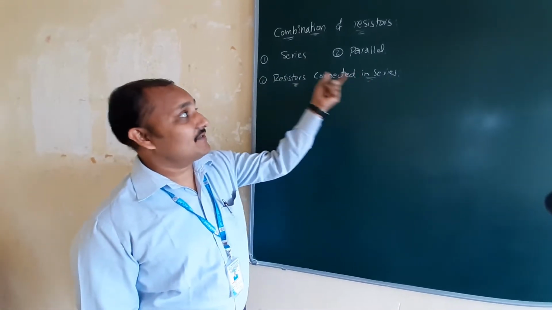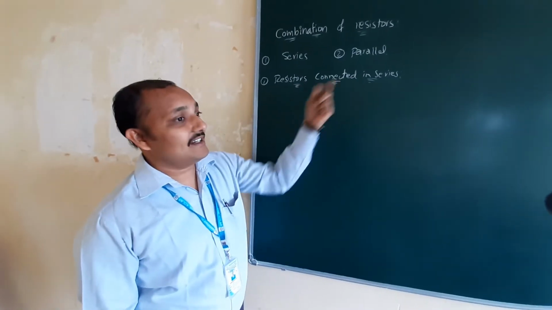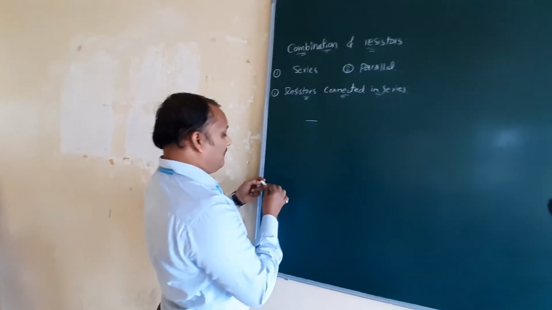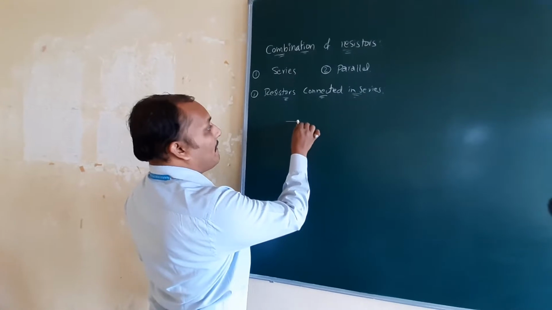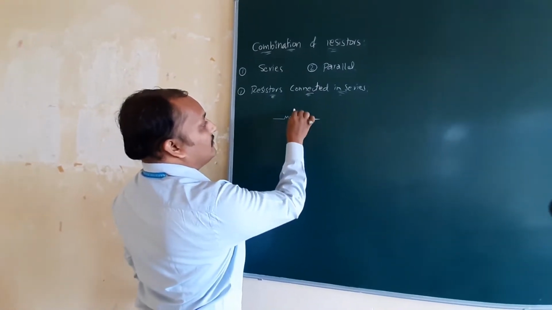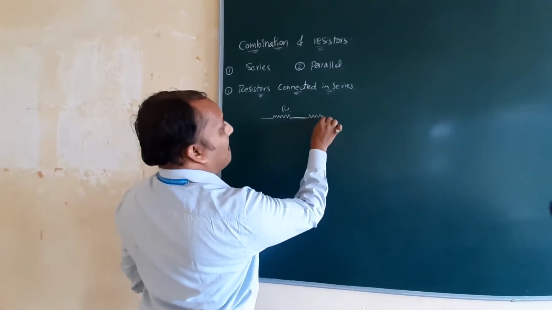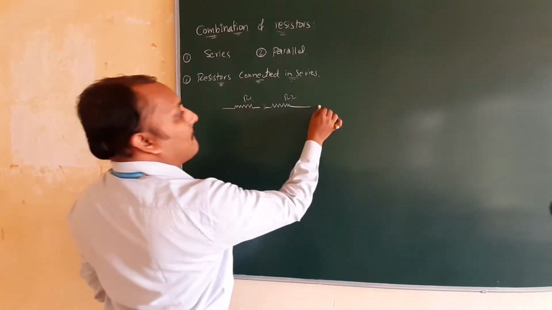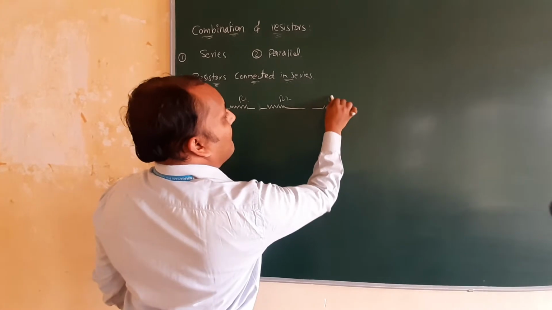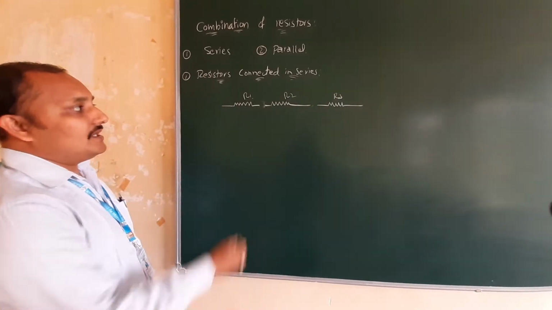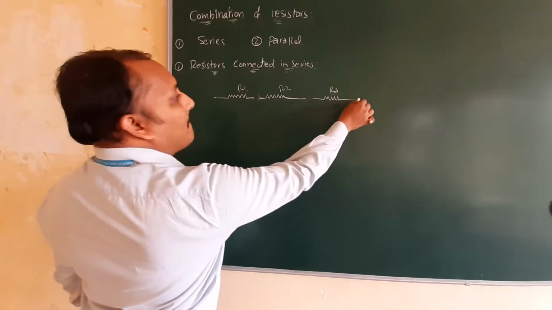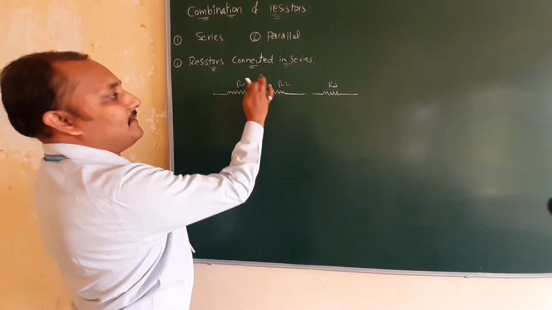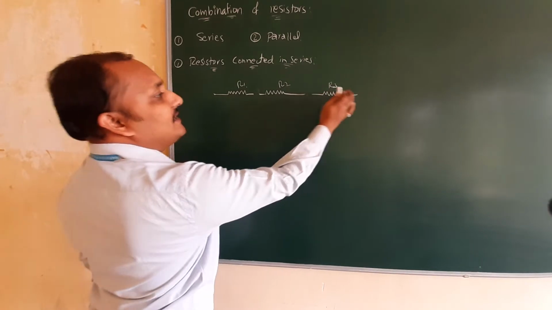First we are discussing resistors connected in series. If you have taken three resistors, R1, R2, R3, this is the first end, this is the second end, for each.